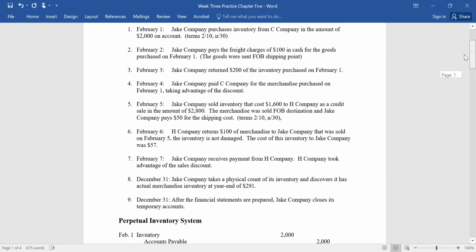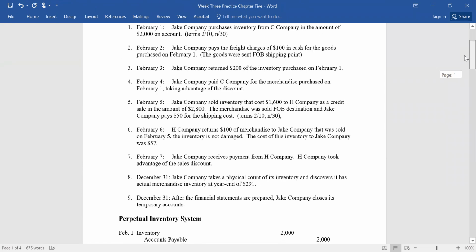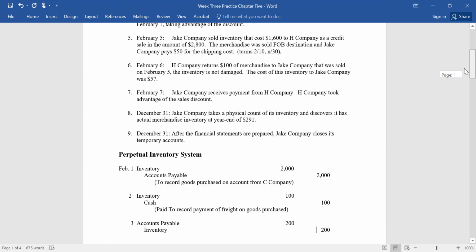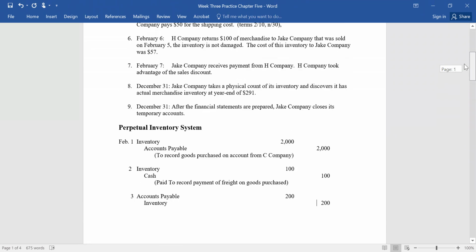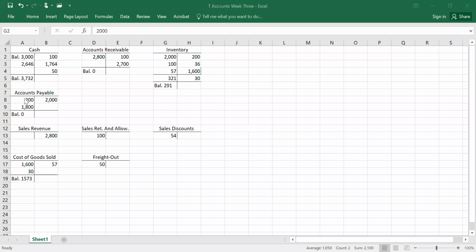Next one, Jake company paid for the merchandise purchased on February 1st, taking advantage of the discount. So if you look at this, we've got to get rid of our accounts payable. Let me show you the accounts payable right now. If we look at this T account and we look at our accounts payable, remember it was $2,000, but now we debited $200 at this point.